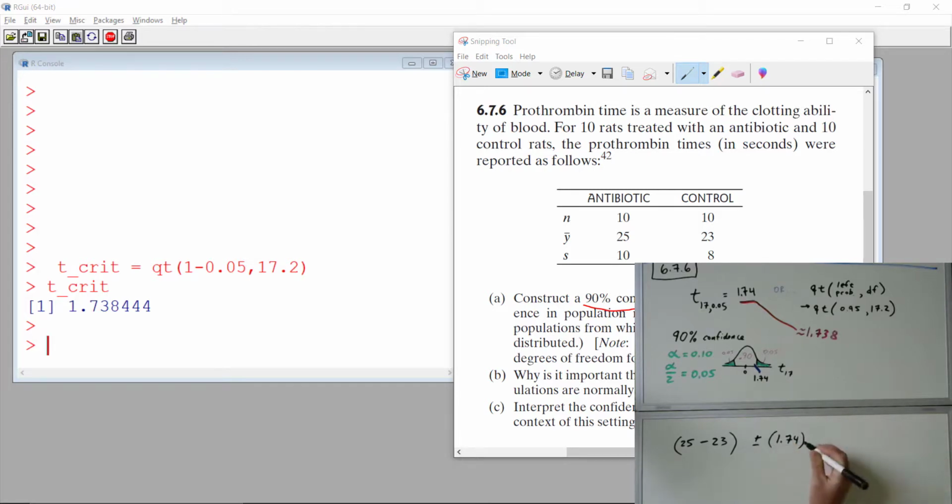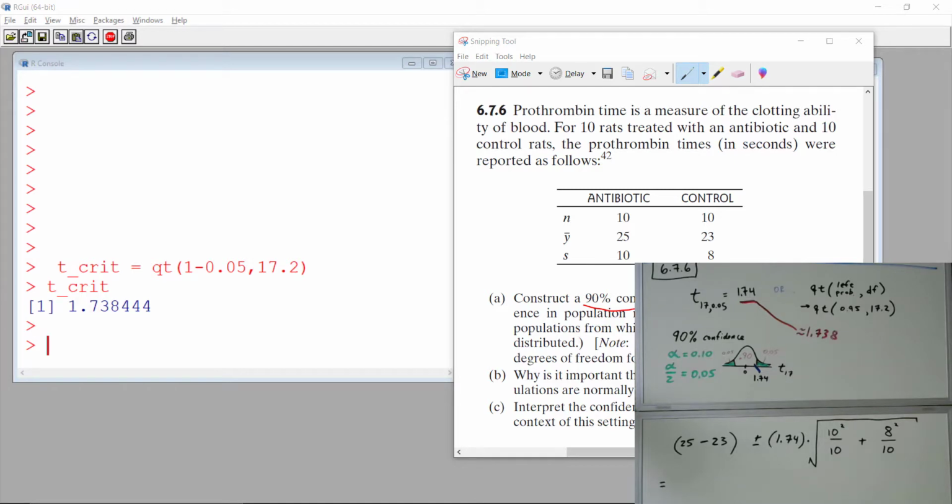This is multiplied by the standard error: S 10 squared over sample size 10 plus S for the control group, 8 squared over its sample size of 10.